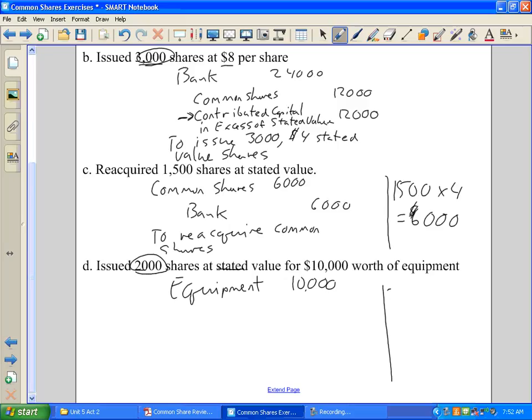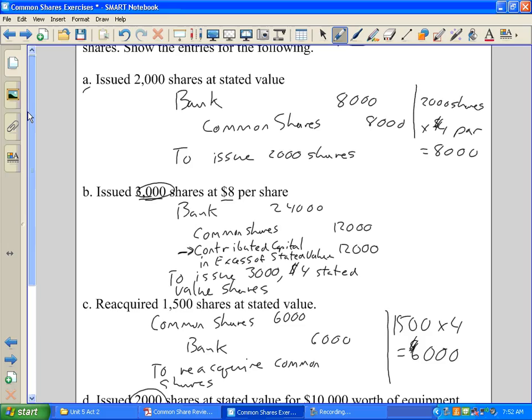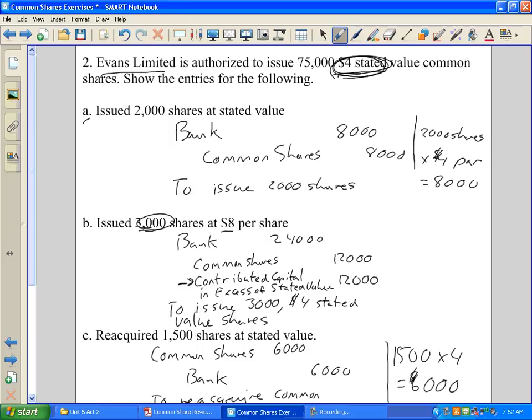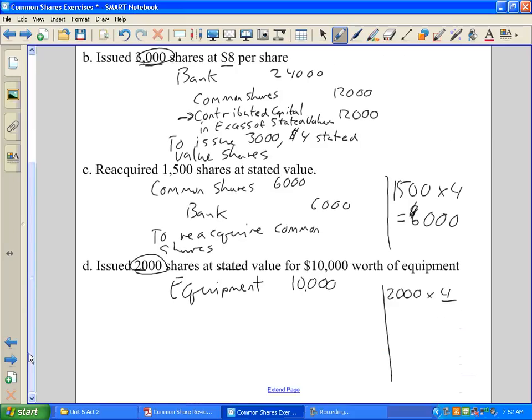Well, remember the stated value is $4. Okay, and again, just in case you're wondering where that comes from, straight up here at the top. I'll always give you that figure, so don't worry about that. All right, so that's only going to give us $8,000. So common shares is going to be a credit for $8,000.